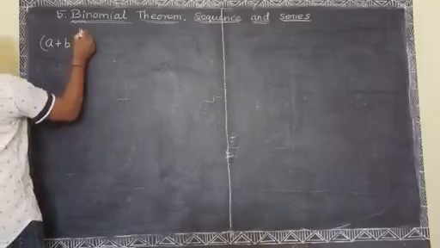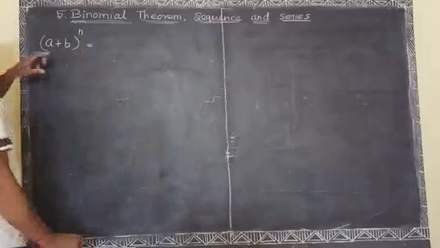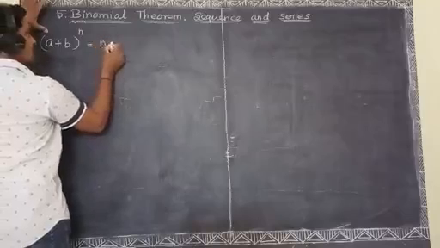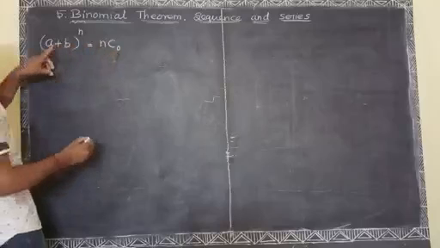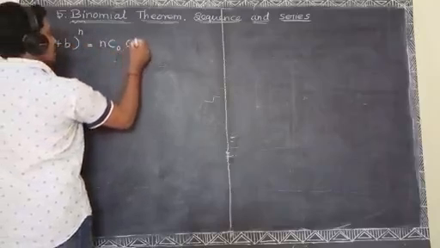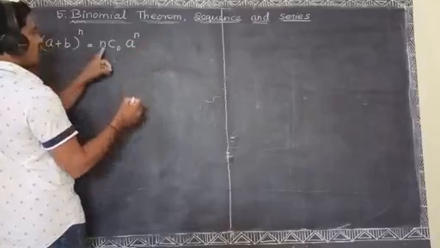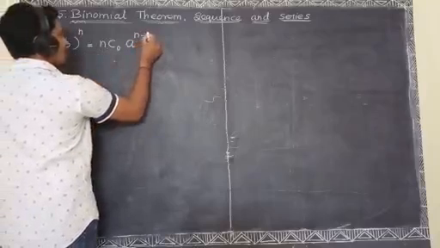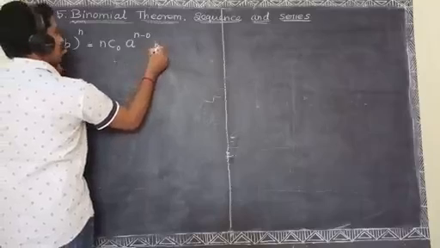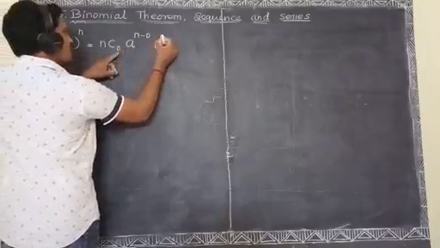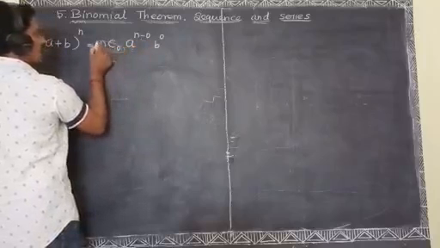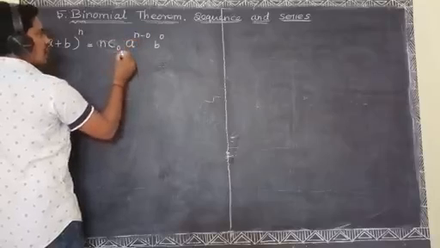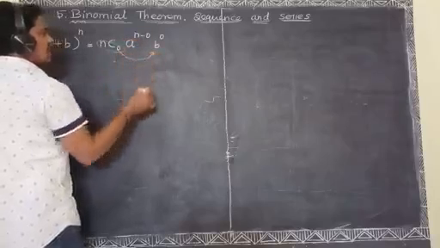The beginning is nC0, the term a power n minus 0 and b power 0. Here the power of a is the difference between n and r, that is n minus 0, and the power of b is r.